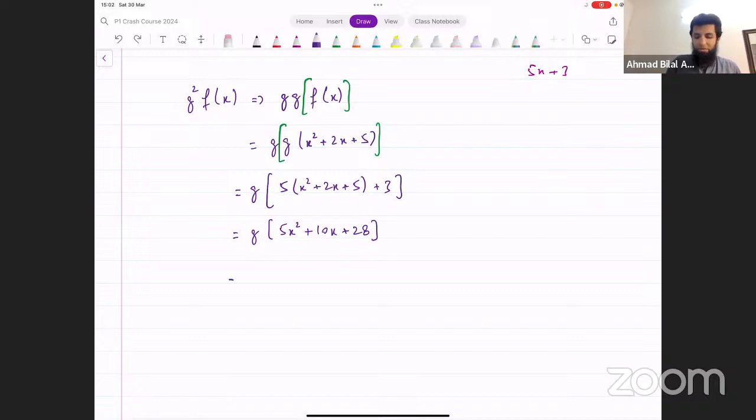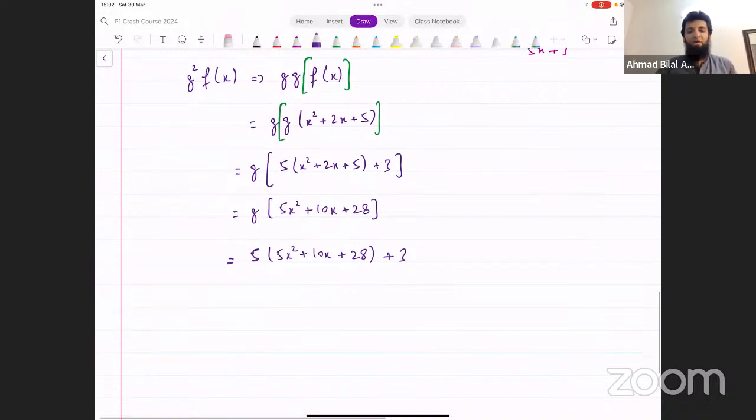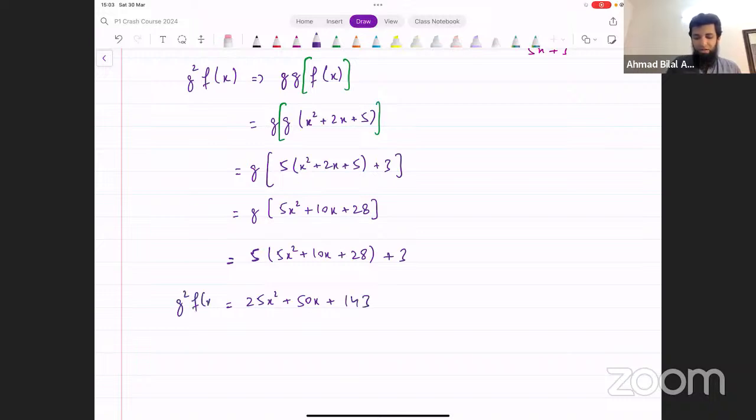So it becomes 5 into (5x squared plus 10x plus 28), and then you have plus 3 outside. That is the final result that you get from g squared of f of x. And that would simplify to 25x squared plus 50x plus 28 times 5, that's 140. 140 plus 3 is 143. This is the function g square of f of x.